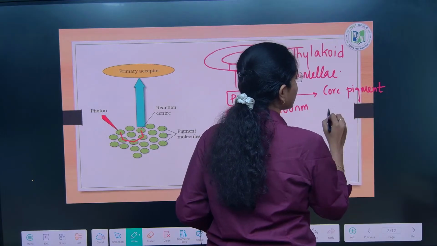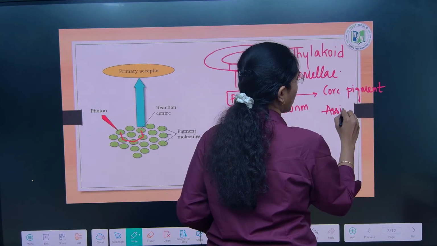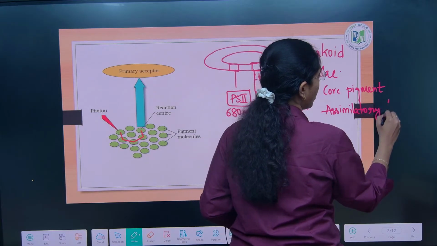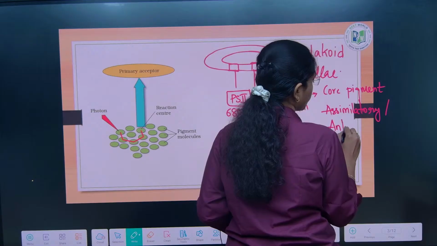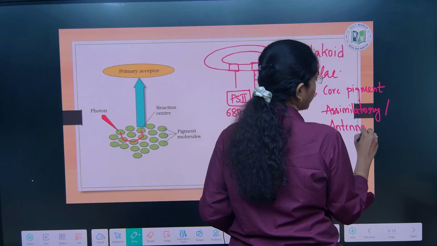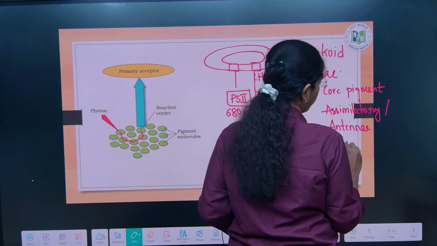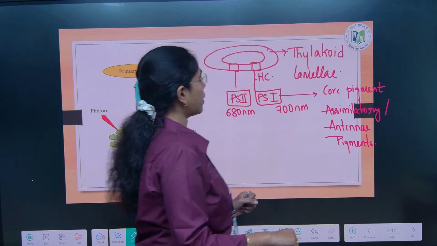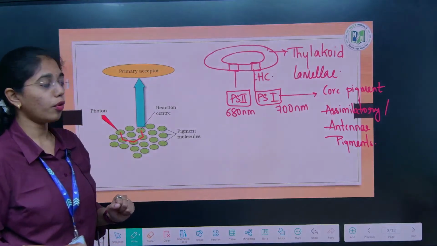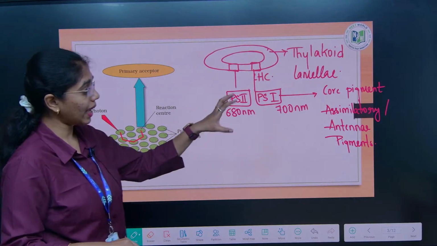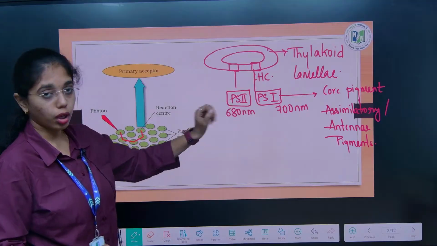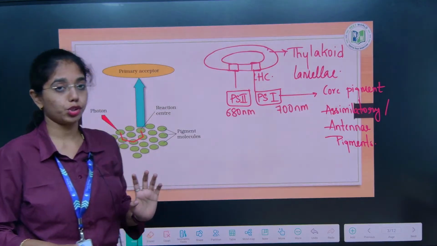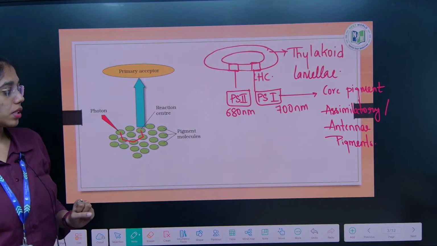We have also discussed that each photosystem will have both core pigment and assimilatory or antenna pigments. Clear, right? These are present in both photosystem 2 and photosystem 1: we have core pigment and accessory or antenna pigments.